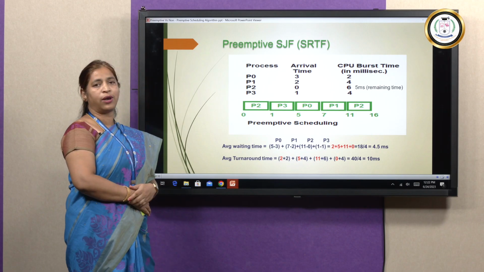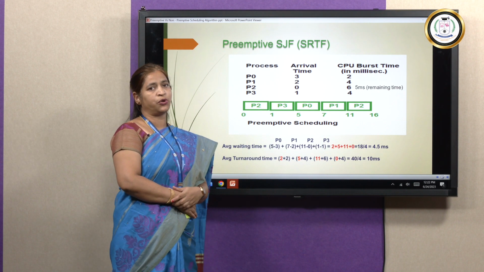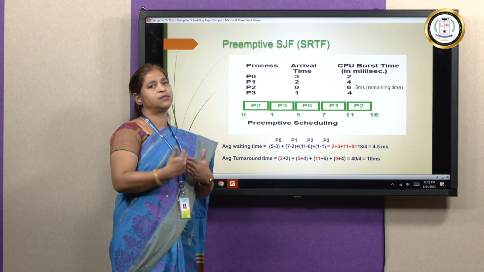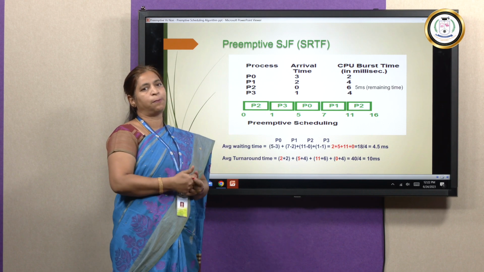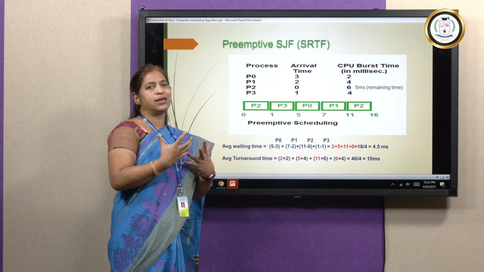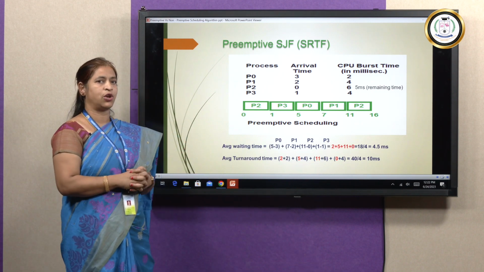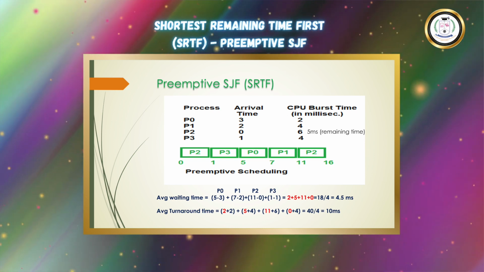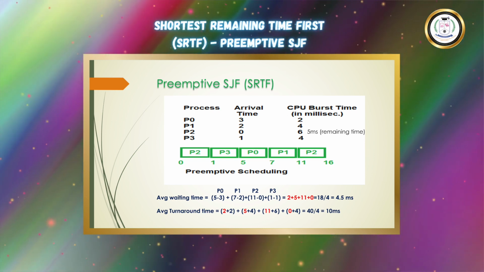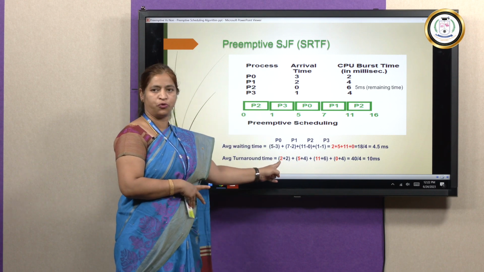Now we have to calculate turnaround time. What is turnaround time? It is waiting time plus burst time. How long a particular process waits to get the CPU, and its burst time to complete the task, put together we call turnaround time. For P0, the waiting time is 2 and the burst time is 2, so 2 plus 2 is 4.